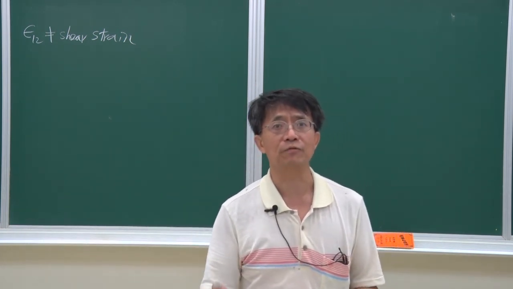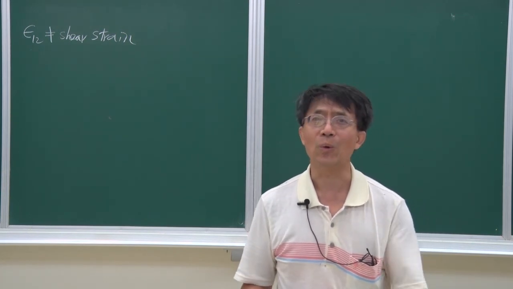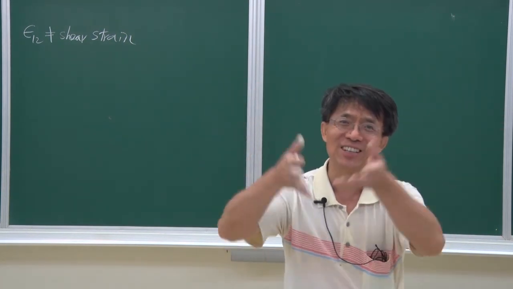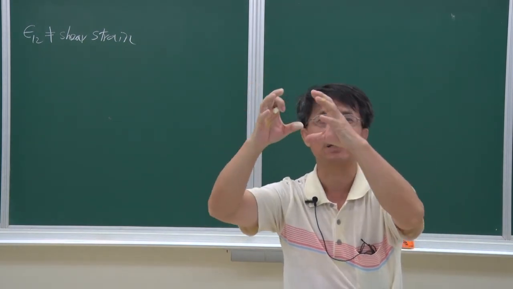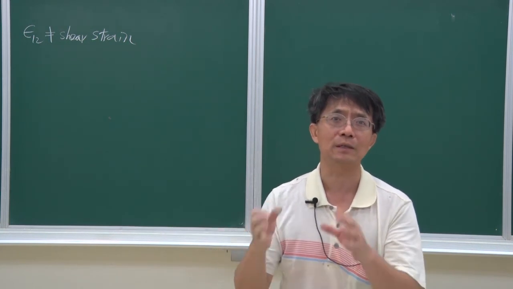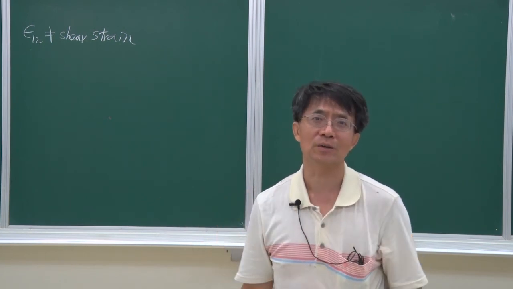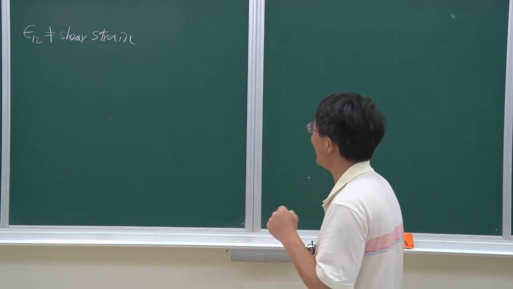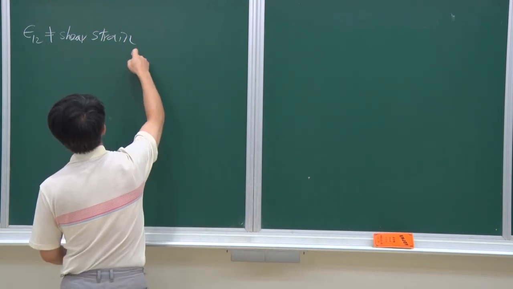We should define a physical quantity such that when this new shear strength, I don't know what it is now, equals 0, the shear deformation inside the material point is really 0. So epsilon 1, 2 is not the shear strength.